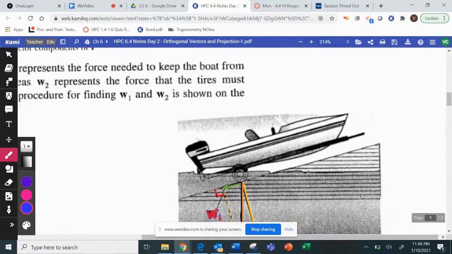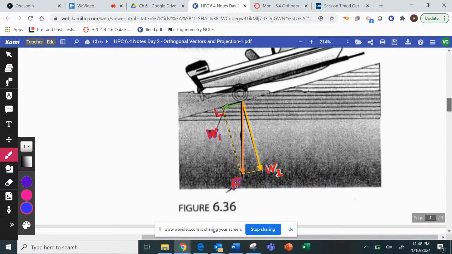But then here's a picture talking about force, and then we've got the gravity pulling the boat towards the water down the ramp, and then we've also got the gravity pulling it just down in general, and where the tires are pressing against the ramp right there.